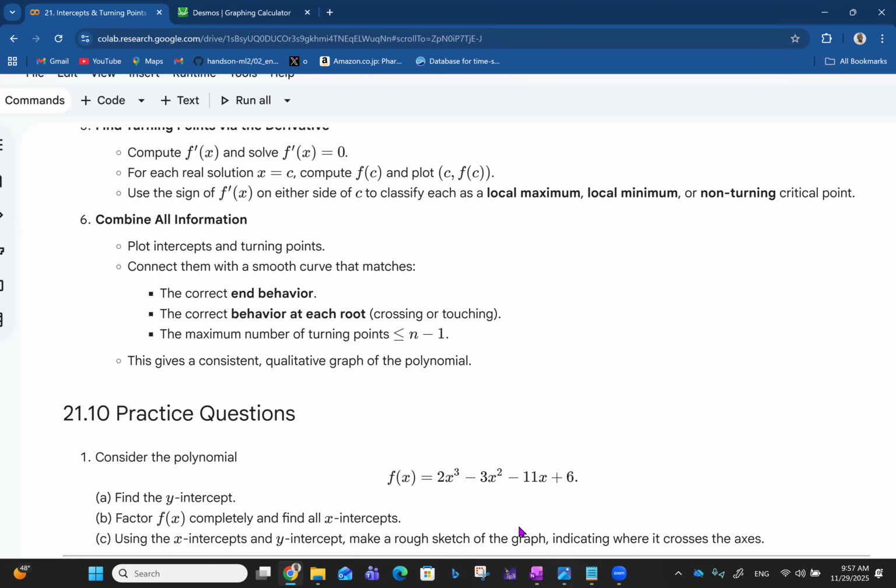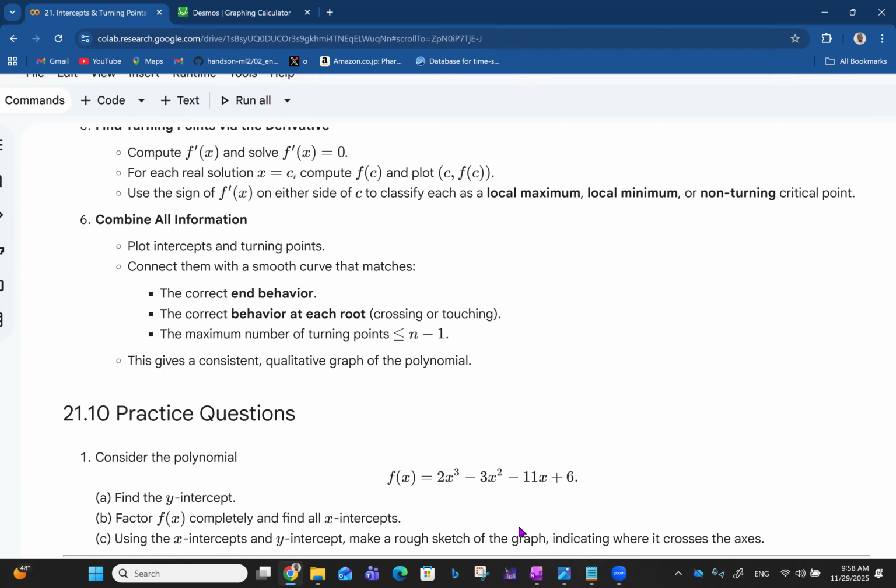It says, consider the polynomial f of x equals 2x cubed minus 3x squared minus 11x plus 6. So A, we need the y-intercept. That's easy, just put f of 0. B, we need to factor f of x completely.